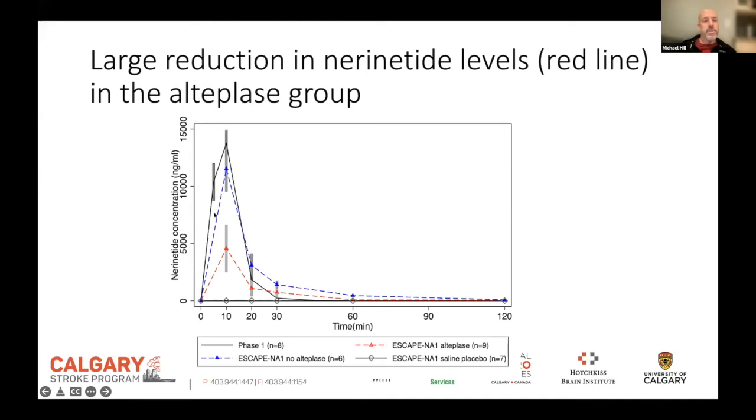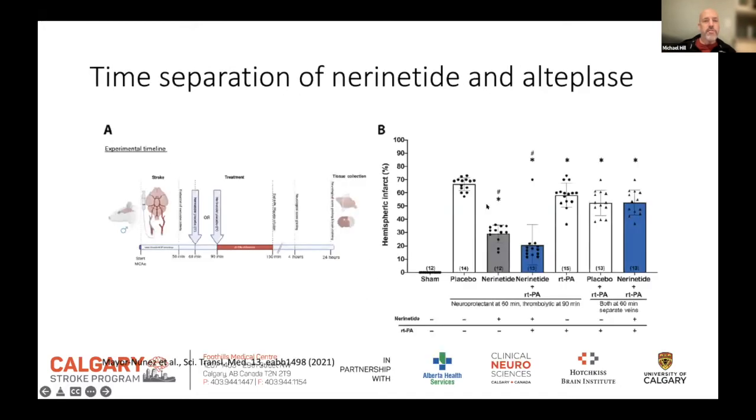that in the nerinotide group in blue, who did not get alteplase, we saw essentially a near identical pharmacokinetic curve to normal human volunteers, whereas in the red, when patients did get alteplase, we saw a substantial reduction in availability of nerinotide in the blood. And this effect was, I guess, pharmacological evidence that we were getting into trouble with the two drugs.